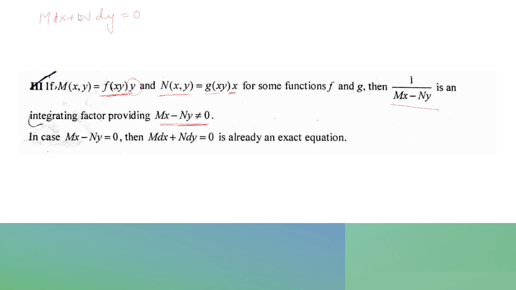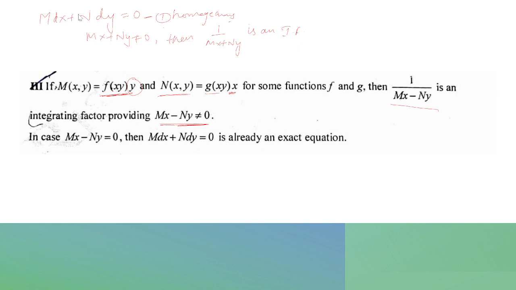Similar to case first. In case first we studied if M dx plus N dy equal to 0 and this is homogeneous. I am recalling the previous case: this is homogeneous and Mx plus Ny is not equal to 0, then 1 by (Mx plus Ny) is an integrating factor.